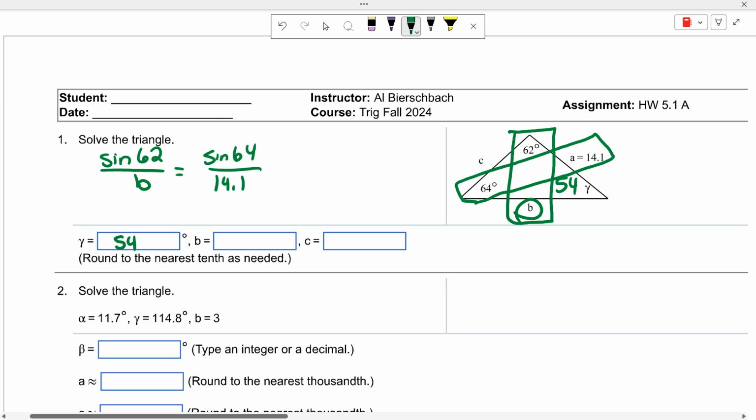Now, to solve a proportion, you cross multiply. So the sine of 64 times B equals 14.1 times the sine of 62. And then you divide each side by the sine of 64.